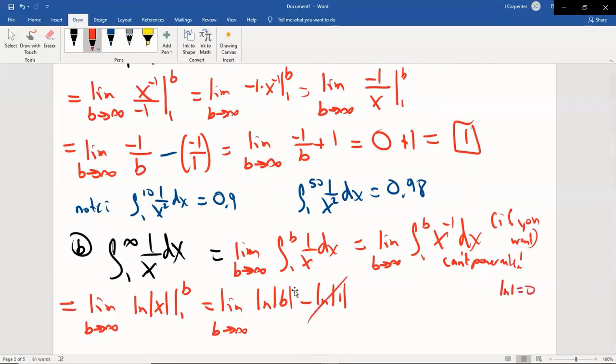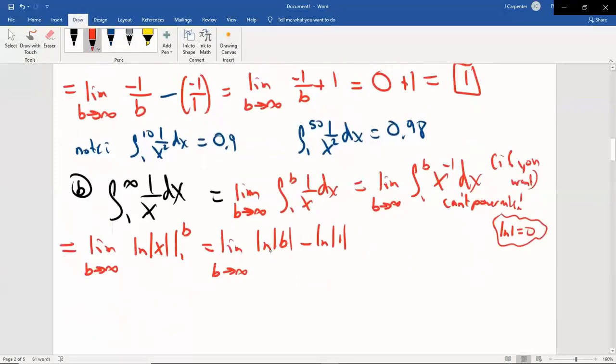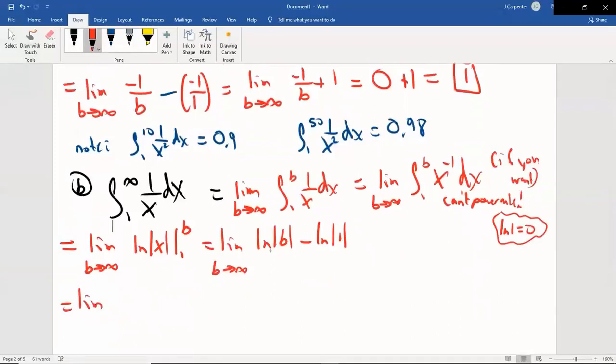So the second term is gone. It's just 0. So this is equal to the limit as b goes to infinity of the natural log of the absolute value of b, and that's it. Again, that's a minus 0, so it's gone.